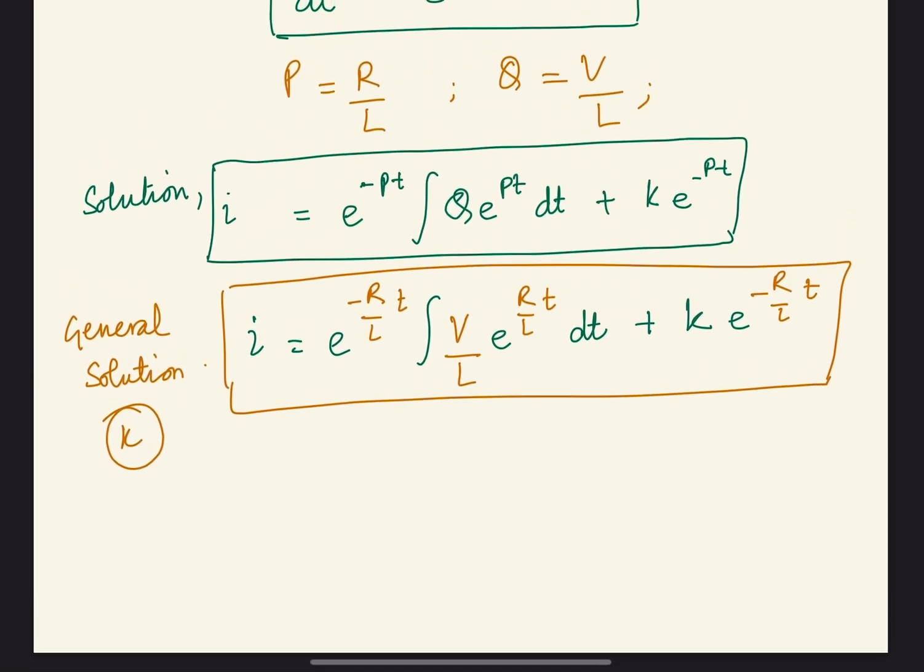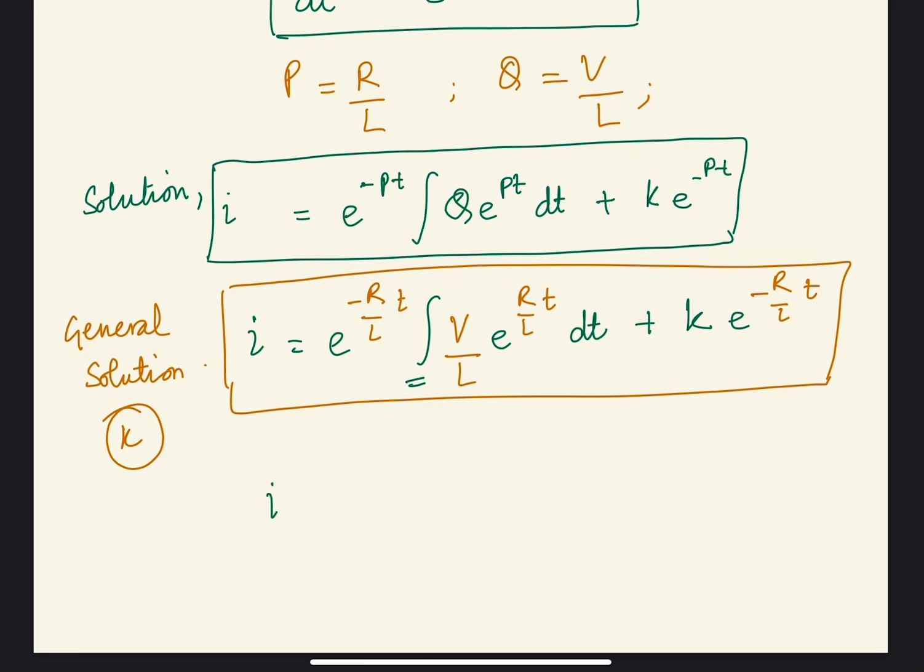Now, how do we obtain the particular solution for this? We have to solve for this k. To obtain this factor k, we have to first solve this integral here. So how do we go about solving it?